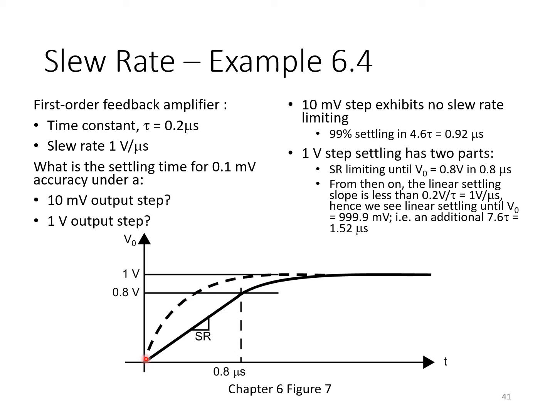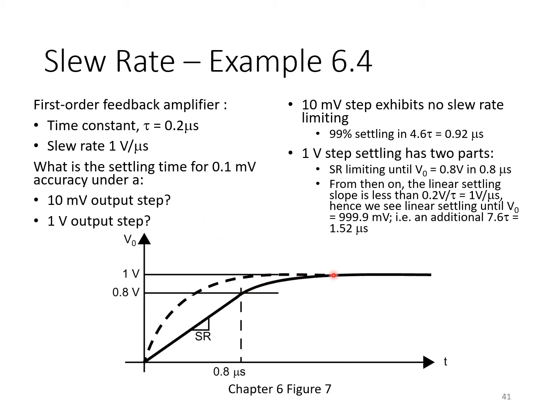So slew rate limiting occurs and the output increases with a constant slope equal to the slew rate, 1 volt per microsecond. It turns out that once the output of the op-amp reaches 0.8 volts, the remaining 200 millivolts can be settled exponentially with the time constant tau without exceeding a slope of 1 volt per microsecond.